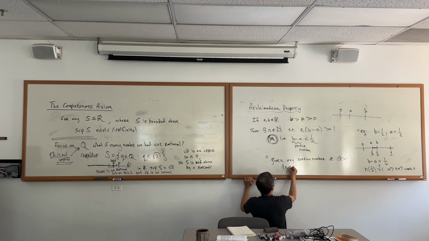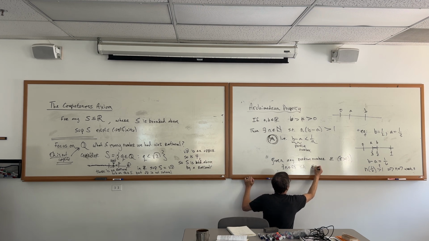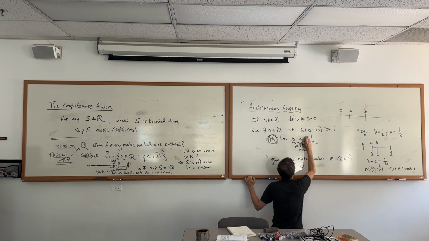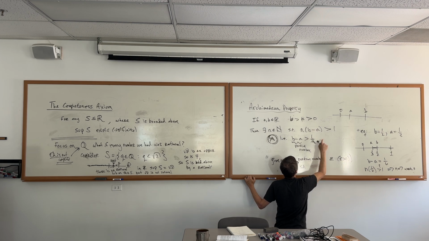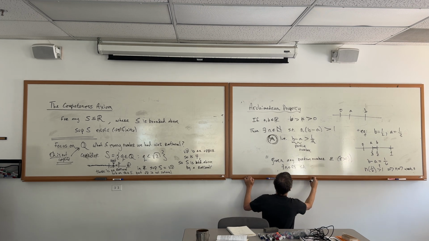There exists a natural number n such that 1 over n is less than epsilon. Oh, I flipped the inequality, thank you. That wasn't making sense, sorry. I divided both sides by n, that's a positive number, so it doesn't change the inequality.